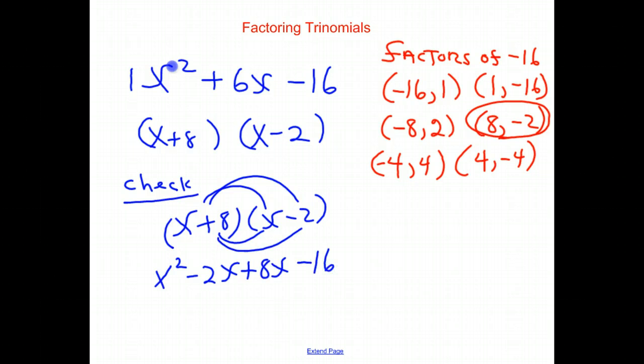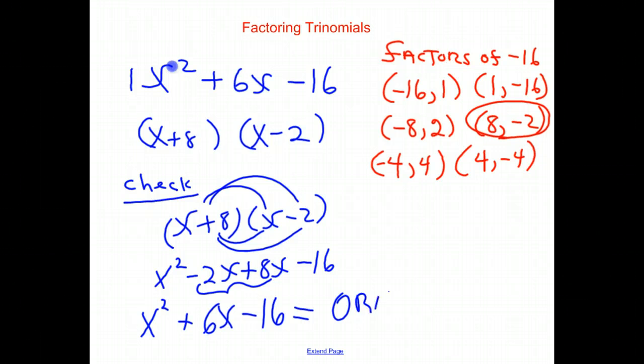That's where our factors, 8 times negative 2, come from, because they're equal to negative 16. We have x squared. Now let's add up our middle terms. Negative 2 and a positive 8 gives us a positive 6x and minus 16. Once again, that's equal to our original. And we know that we are correct.